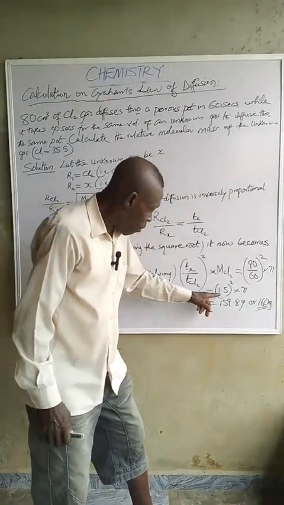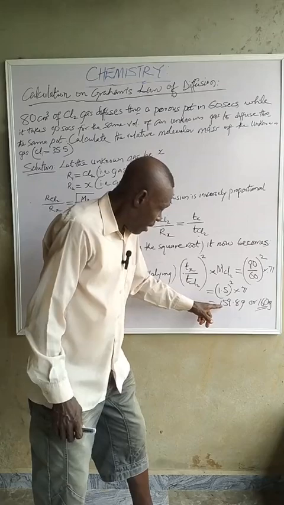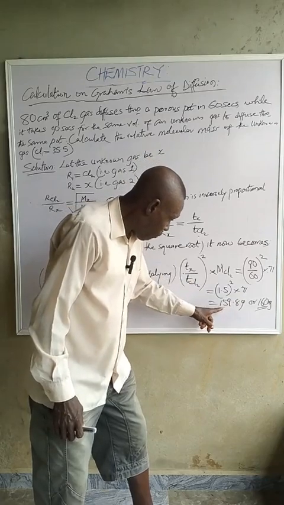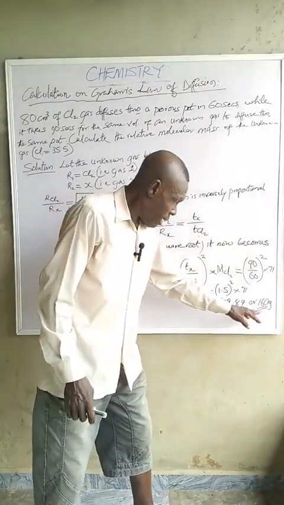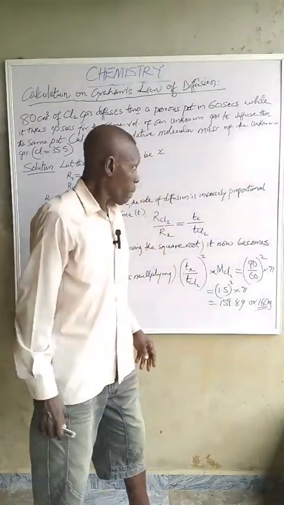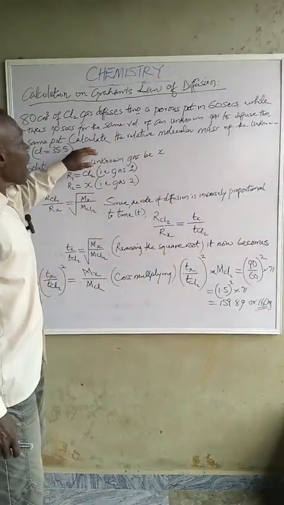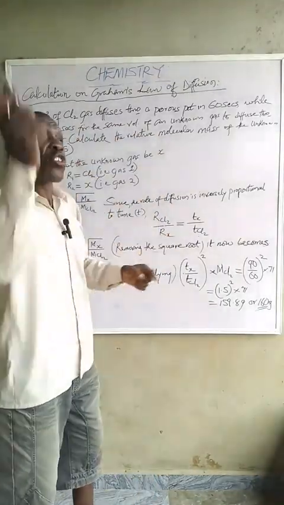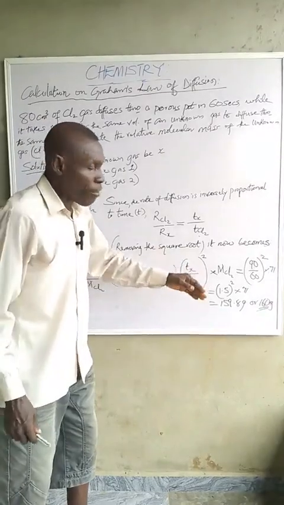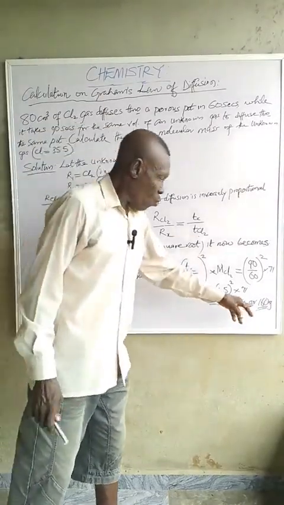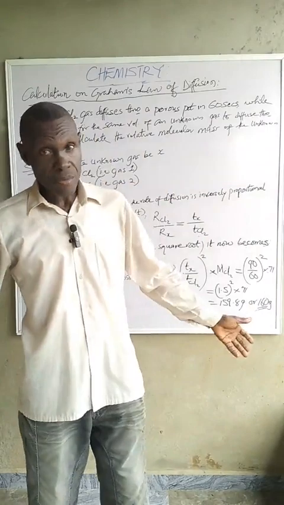So, if you square 1.5, that is 1.5 times 1.5, times 71, you will have 159.8 grams. If you approximate it to 3 digits, you will have 160 grams. So now, the question says, calculate the relative molecular mass of the unknown gas. So it means that the relative molecular mass of the unknown gas is 160 grams.